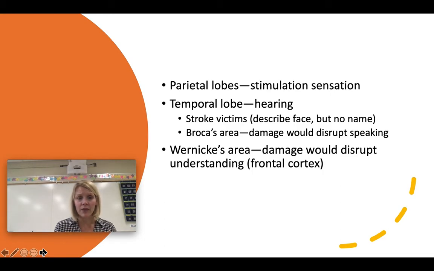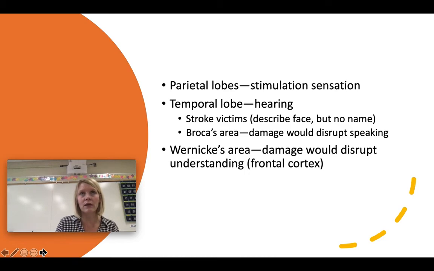Wernicke's area. Damage to this area would disrupt our understanding. Wernicke's area is more on the left side, but it's closer to the frontal cortex. It's almost in between the temporal and the frontal cortex. Damage to this area would disrupt your comprehension.